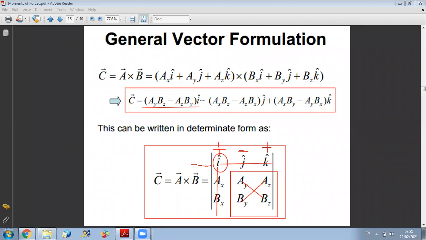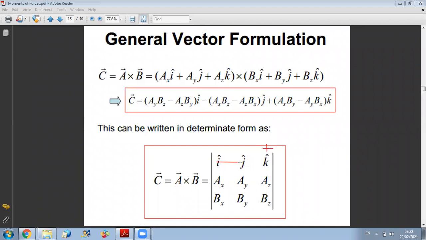So the first step, I put a minus when I want to find the component of j, and then I drop this line and this column. What are the remaining numbers? ax bz. So I do ax bz minus az bx. And this is the number I have here along j. And finally, along k, this is a plus.